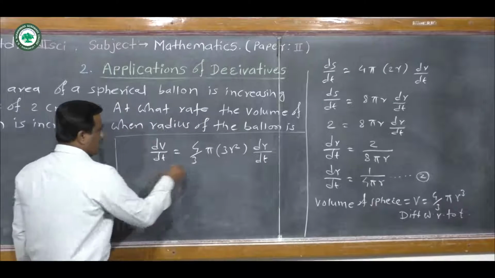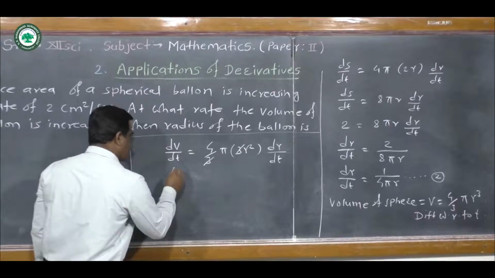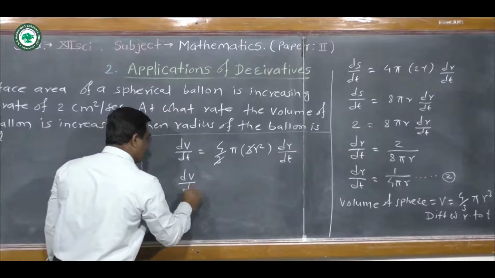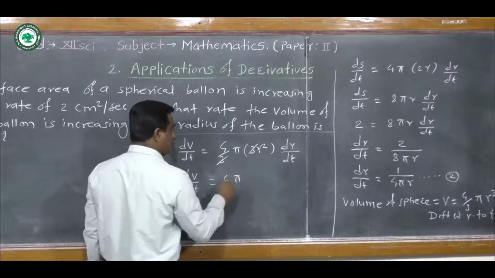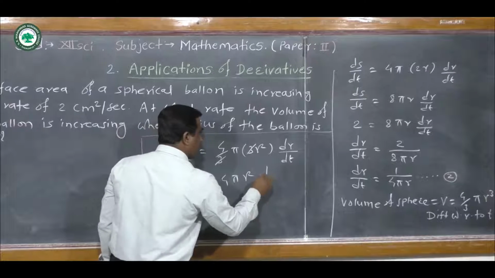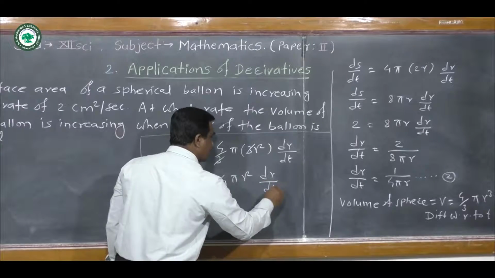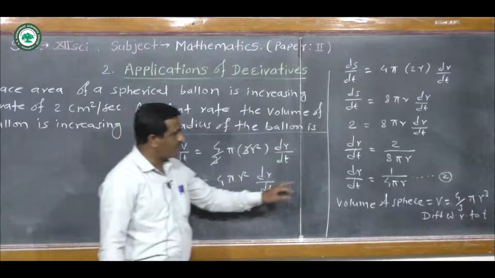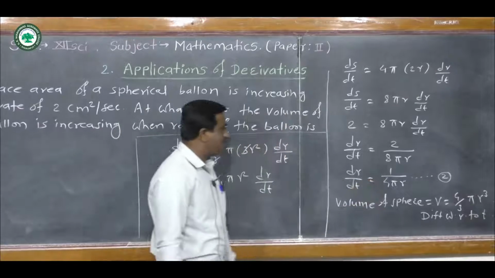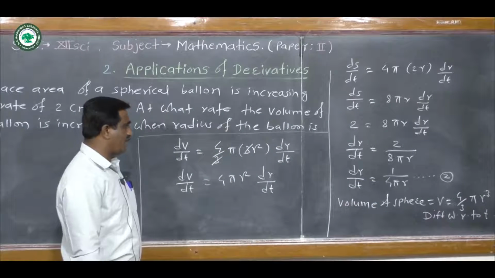Now this 3 cancels out, so dV by dt is equal to 4π r squared into dr by dt. Now put the value of dr by dt from equation 2.